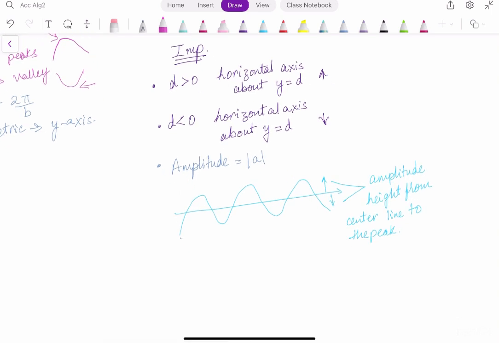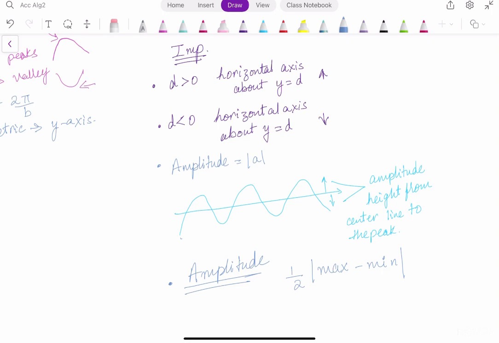Further, we can also say about the amplitude that because it is the height, that means to the max or to the min, right? Peak and valley. So amplitude can also be calculated as 1/2 times maxima minus min.